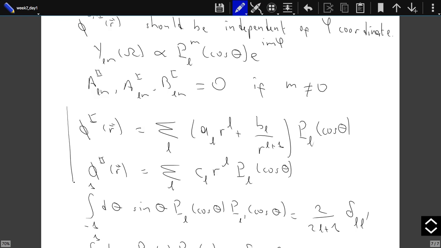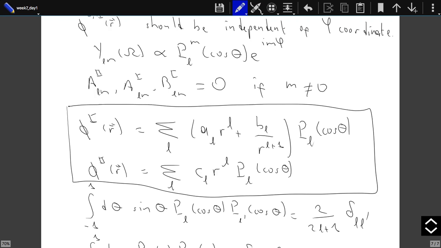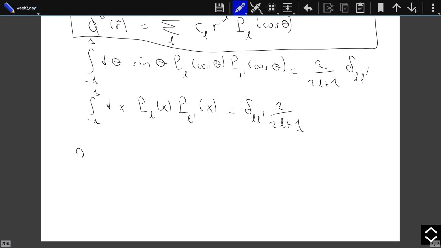And for polynomials, one possible definition of this inner product is just you multiply them, integrate from -1 to 1. Both are the same thing. Now I have a simpler form for my potentials.